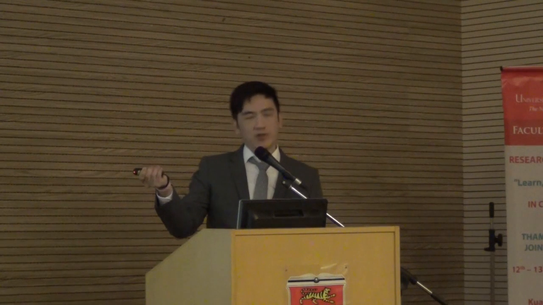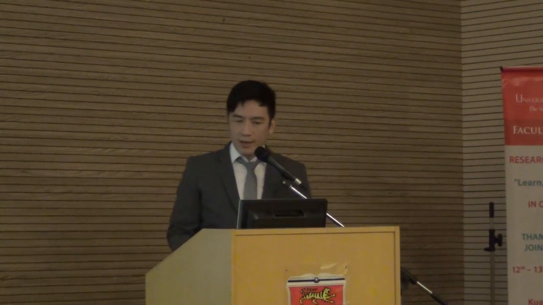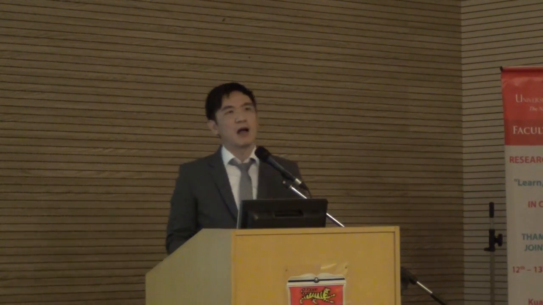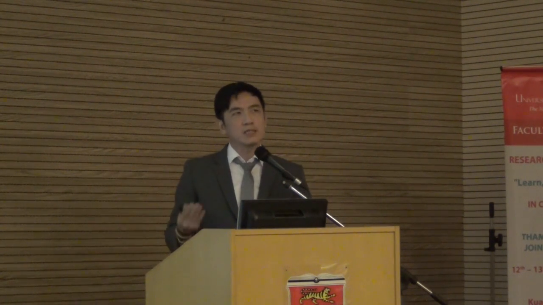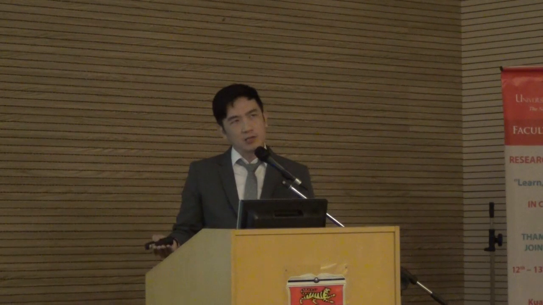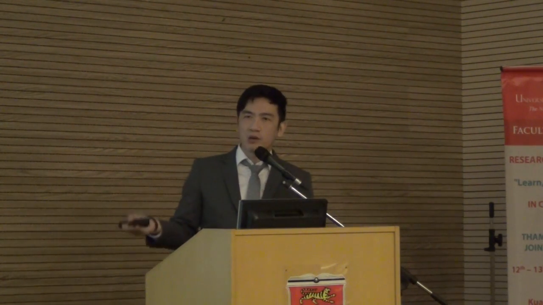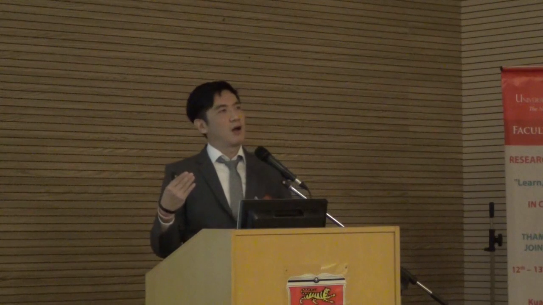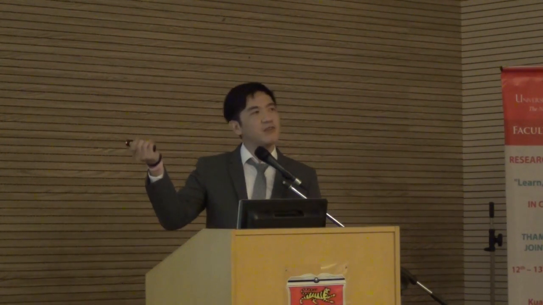Perceived behavioral control, or for short, perceived control, is your perception of how difficult or easy it is to do the behavior. You can think of it as facilitators or barriers to performing the behavior. If you think there are so many barriers, then you don't have the intention to do the behavior.